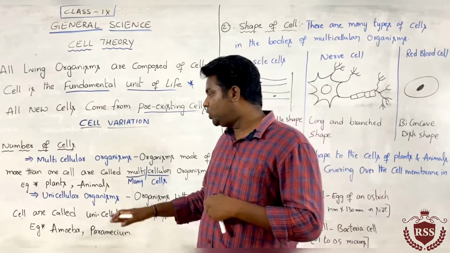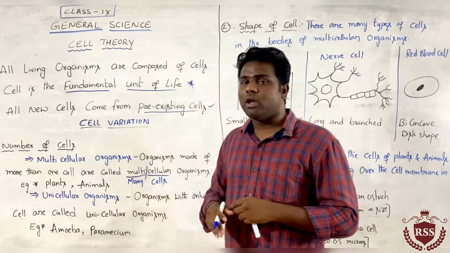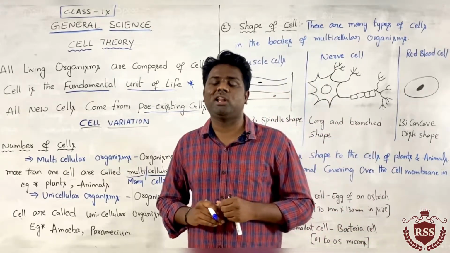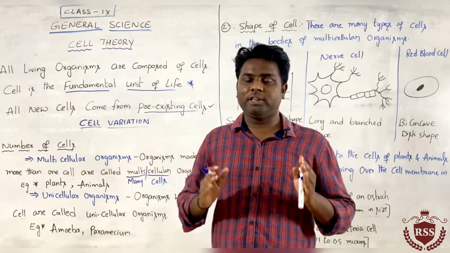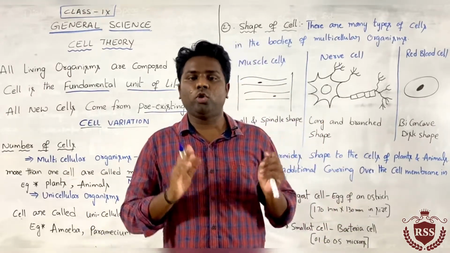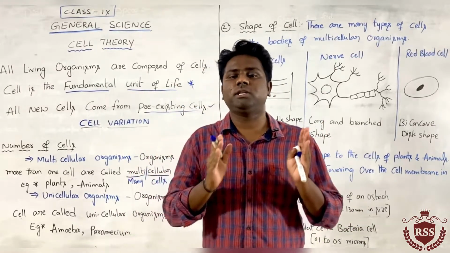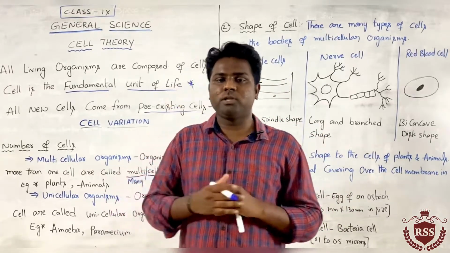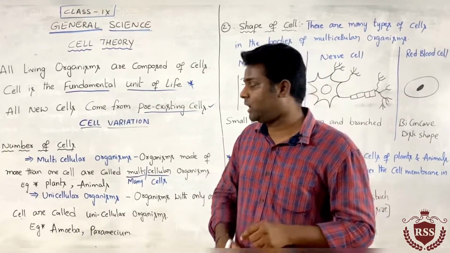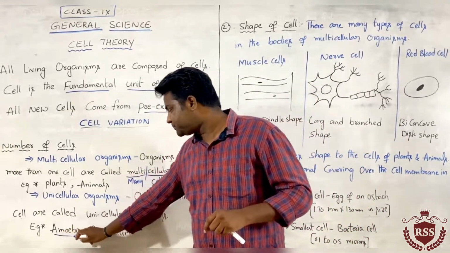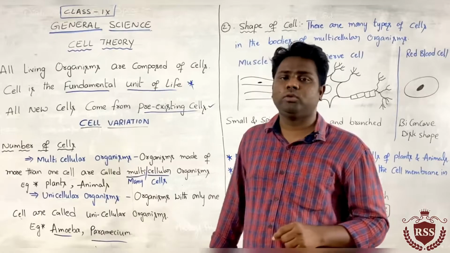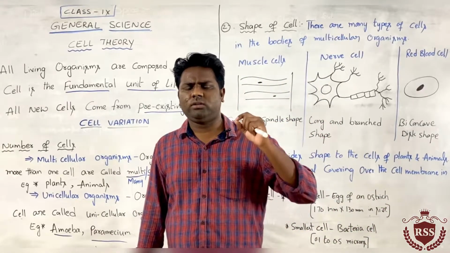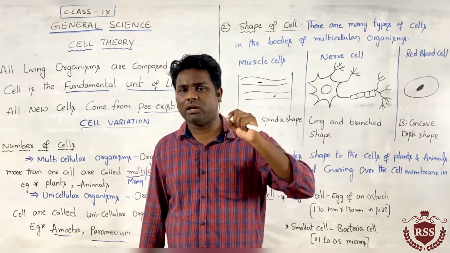Then coming to unicellular organisms, organisms with only one cell are called unicellular organisms. Clear everyone? Examples of unicellular organisms are amoeba and paramecium. They consist of only one cell.